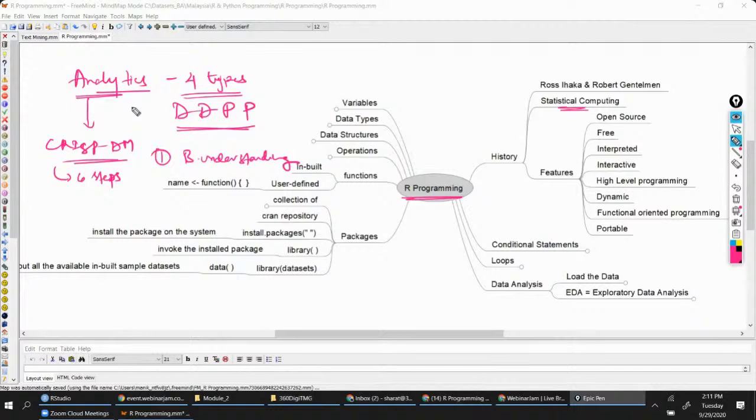Right, and then we will proceed further after identifying the objectives to the next step, and that next step is the data collection. We need data, right? Without data, you'll not be able to process anything. It's a data mining project, right?